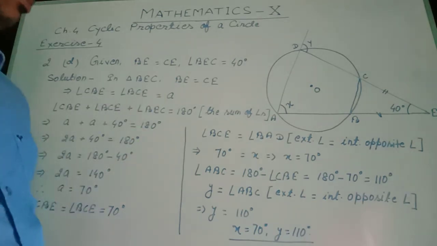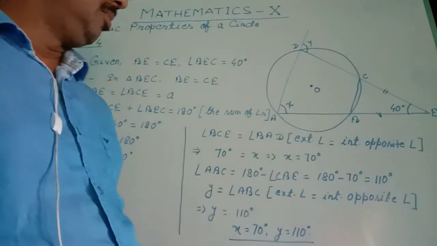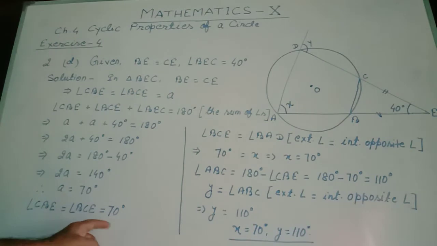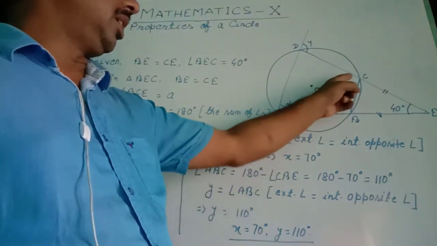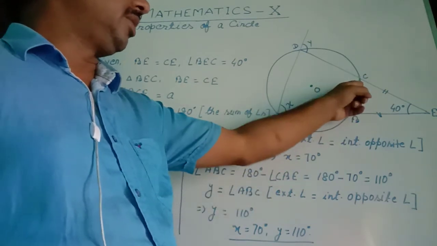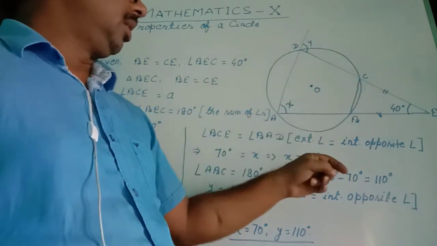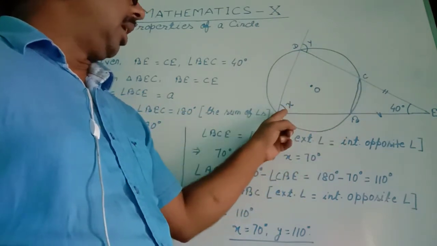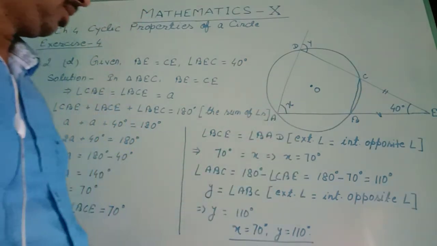Now this value we got, BCE is 70 degree, and this X is the interior opposite angle of this angle. This is the exterior angle of this cyclic quadrilateral, and for this angle, BAD, that is X, became the interior opposite angle.